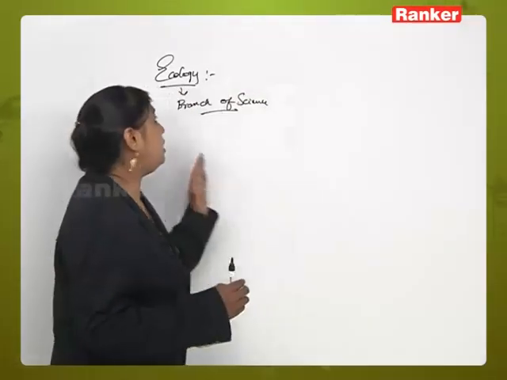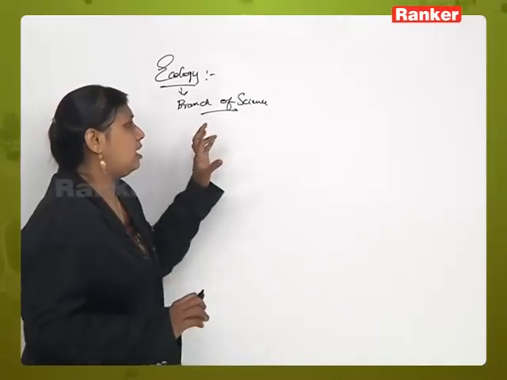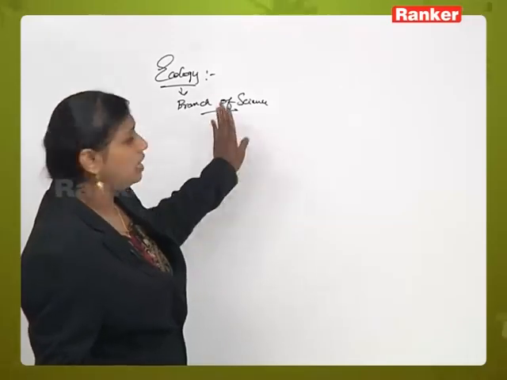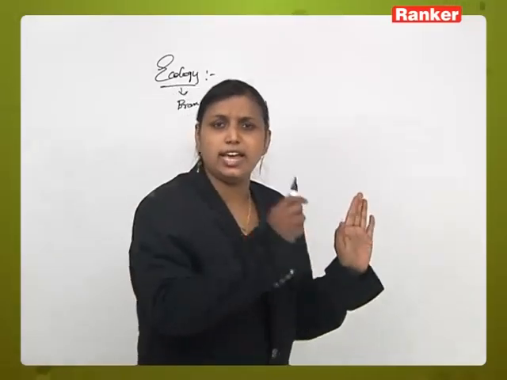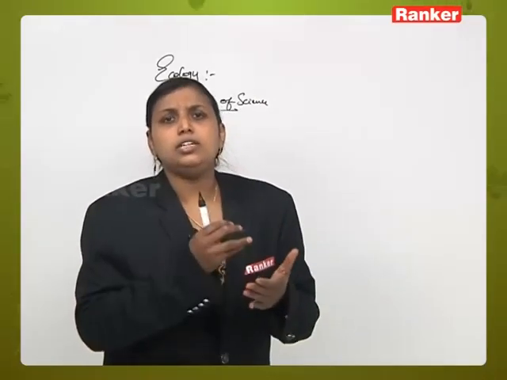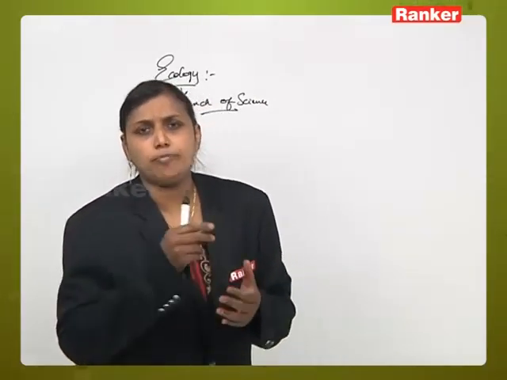So ultimately, ecology can be defined as a branch of science which is used to determine the effects of environmental factors on the growth, distribution and migration of a particular organism.